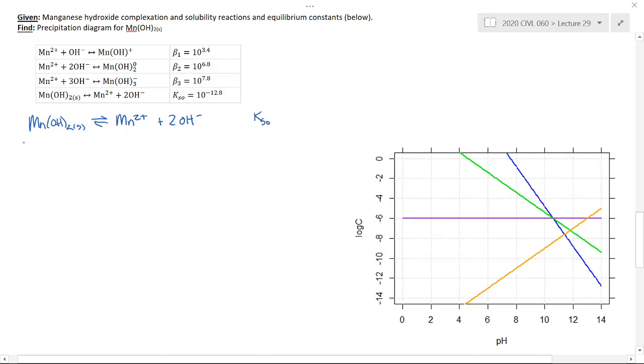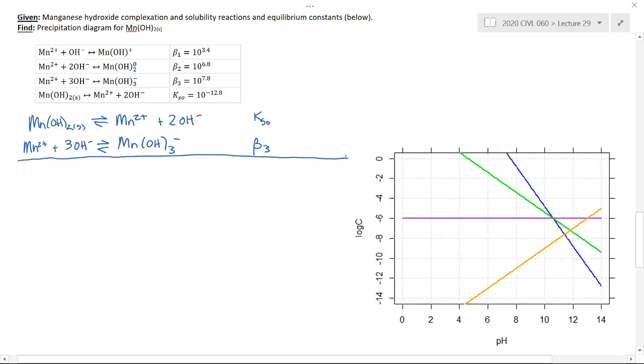Then I'll add the third complexation reaction, which is manganese free ion plus 3 hydroxides forming the manganese hydroxide complex, described by beta 3 as the equilibrium constant.